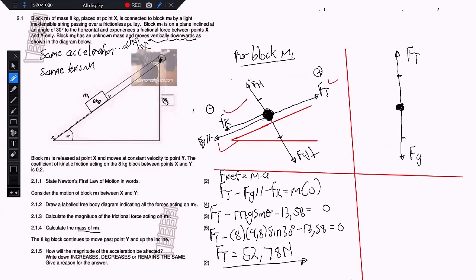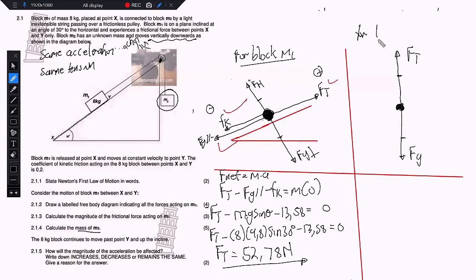It's more like they are one unit. And if the tension on the 8 kg block is 52.78 newtons, then the tension for block M2 will be 52.78 newtons as well. Always note that with systems.